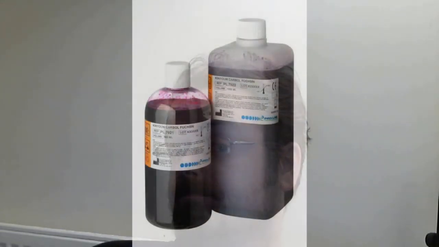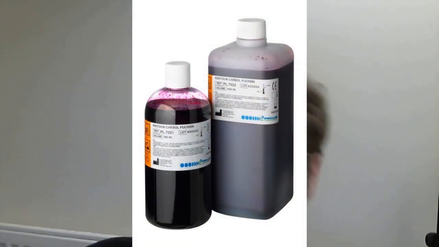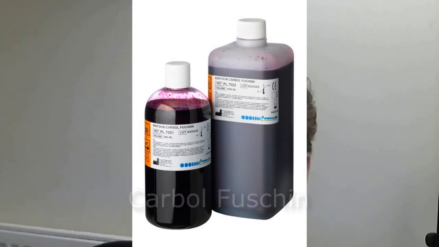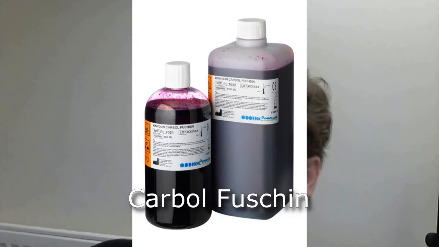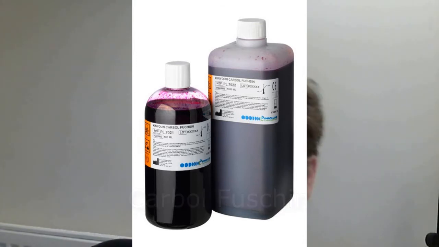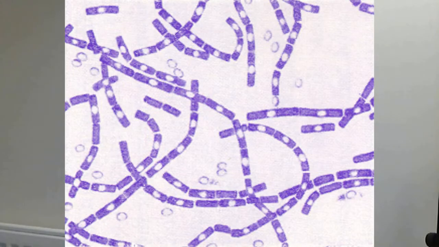So what you do is you add a counterstain, such as, for example, carbol fuchsin. Now that stains your gram-negative cells a nice shade of pink. So that means when you look down your microscope, you can say, for example, you can see gram-positive bacilli, which are brick-shaped, probably anthrax.